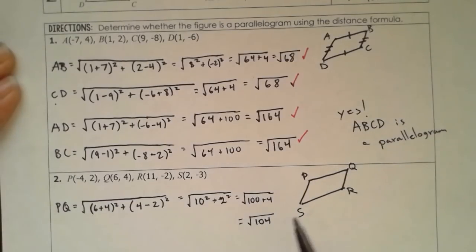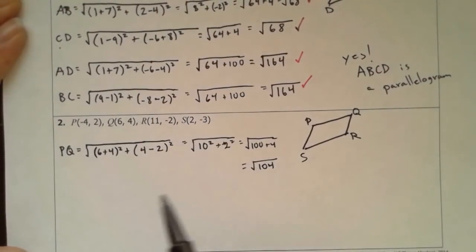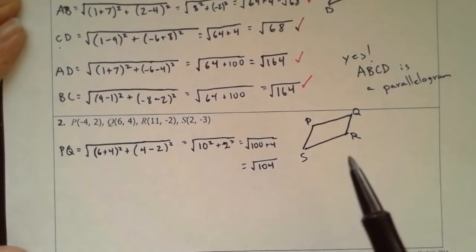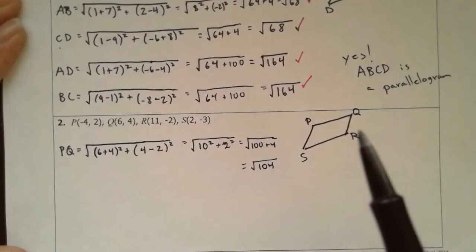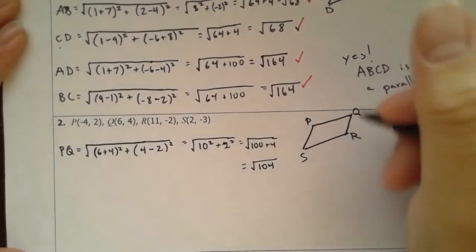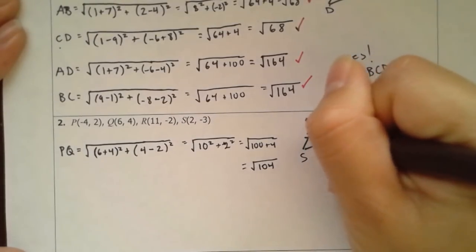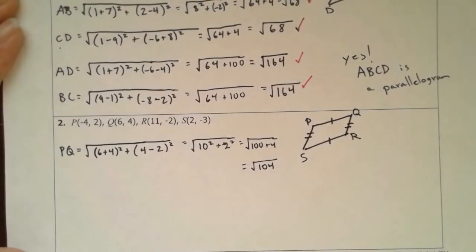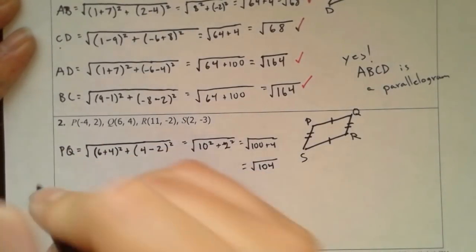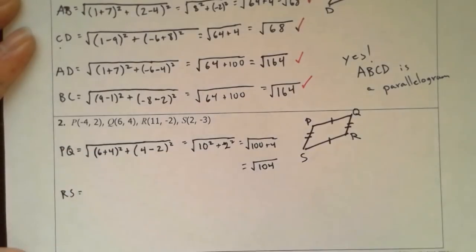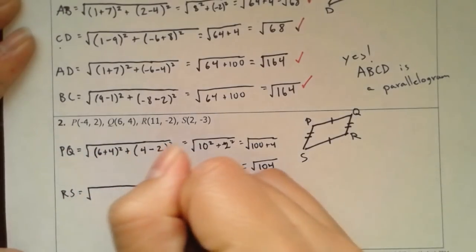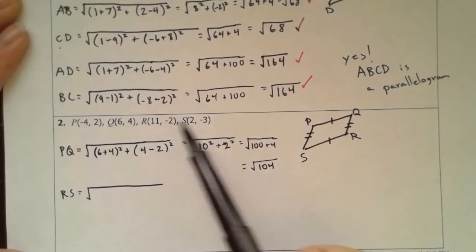Again, you don't have to simplify. And then finally, let's do RS here. Okay, we need to show that these two are equal, because if it's a parallelogram, we should have that. So let's do RS next. RS are these 2 points here.